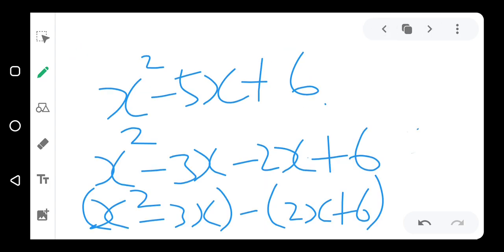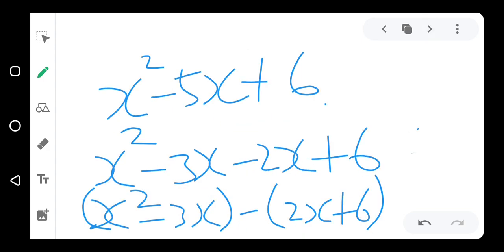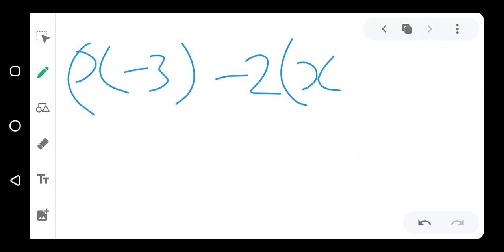Now for this 6, this is tricky because if we multiply it back, it is going to give us plus 6. So we have to be very careful here. Whatever we divide it with, if we multiply it back by this minus 2, we are going to get plus 6. So what can multiply minus 2 to get plus 6? It is minus 3.